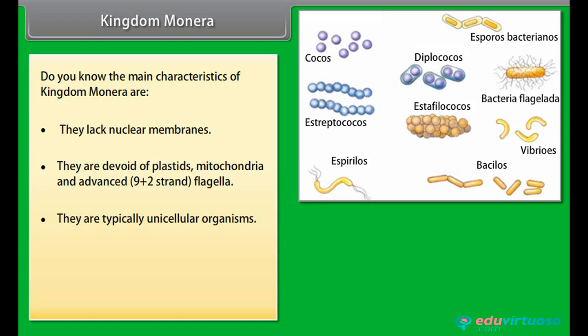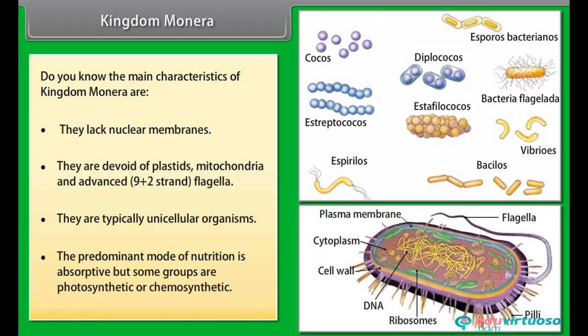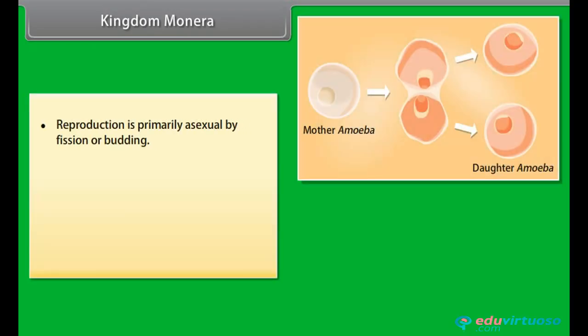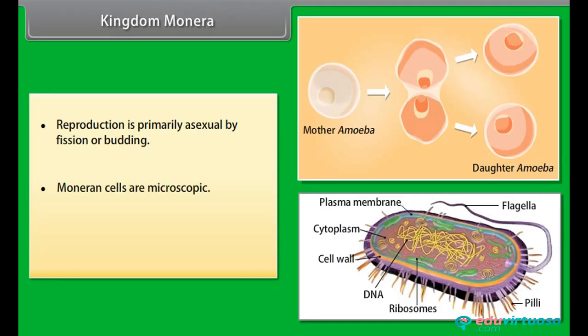They are typically unicellular organisms. The predominant mode of nutrition is absorptive, but some groups are photosynthetic or chemosynthetic. Reproduction is primarily asexual by fission or budding. Moneran cells are microscopic. Most organisms bear a rigid cell wall.